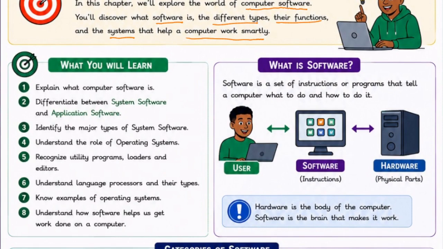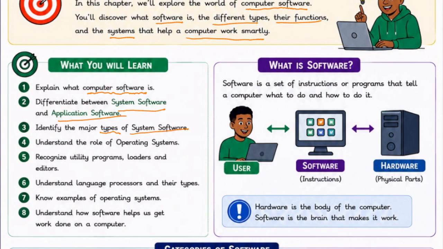What you are going to learn: please have it in mind that this is what you should be able to do after watching the two parts. After watching the chapter 3 video, you should be able to explain computer software, differentiate between system software and application software, and identify the major types of system software. There are 7 or 8 types of system software.